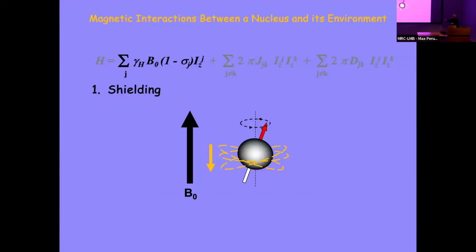As these charged particles move, they generate a local magnetic field, and it will always oppose the applied magnetic field. So the nucleus is shielded from the external magnetic field by the magnetic field of the electron cloud.